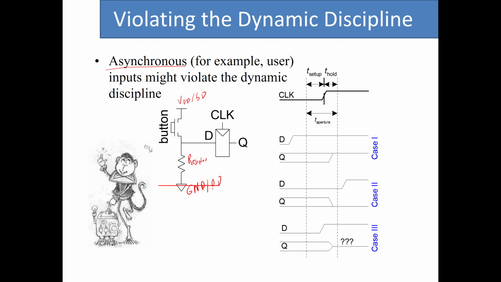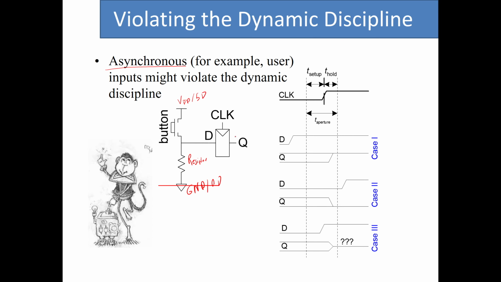So what we want to do is record the state of this button. When the button is open, the input D is connected to the ground using this resistor, so its voltage is going to be 0. When the button is closed, D is going to be connected to VDD, so the value for D is going to be 1. So we basically want to record the value of the button at any given time.